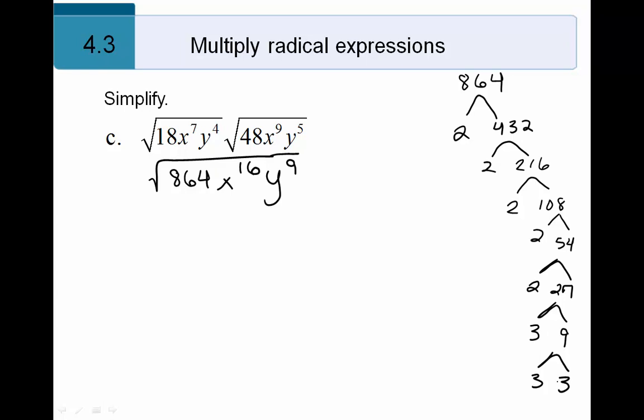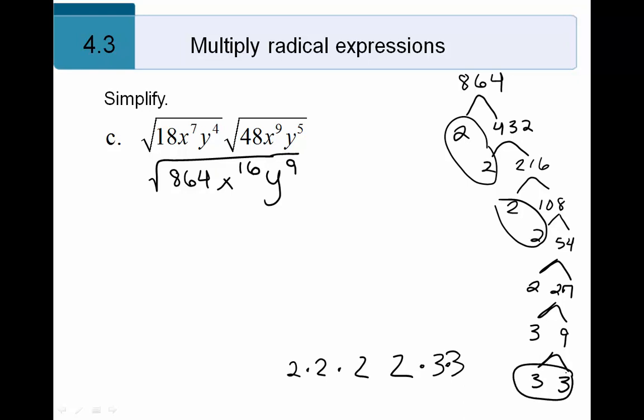We have 2 times 2 times 2 times 2. So there's a pair of 2's, a pair of 2's. We have a pair of 3's. And then you can see we have a leftover 2 and 3.